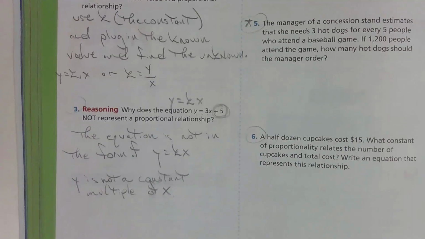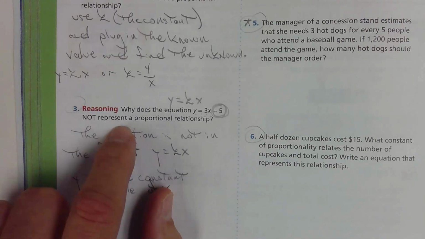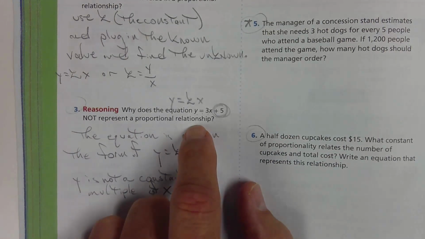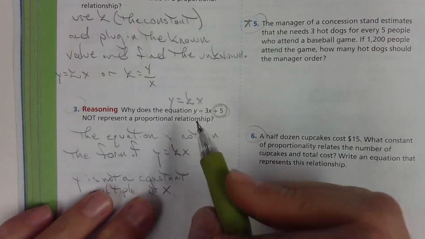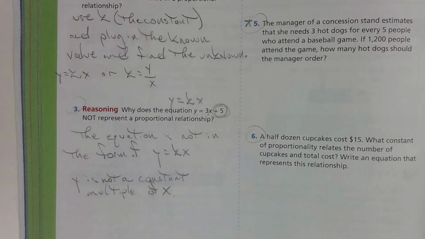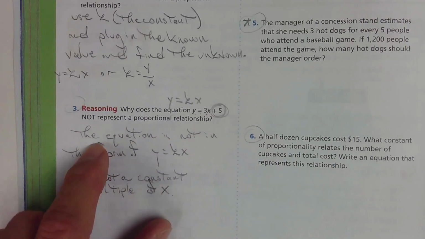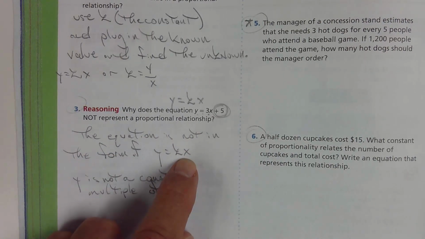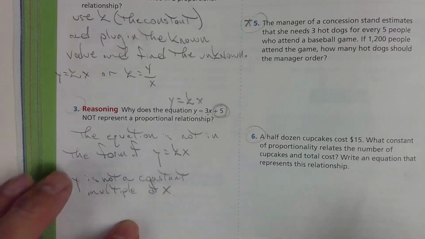Number 3, it says, why does the equation y equals 3x plus 5 not represent a proportional relationship? Well, if it was just y equals 3x, that could be a proportional relationship, but we've got a plus 5 there. The equation is not in the form of y equals kx.